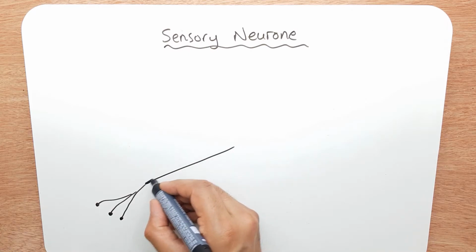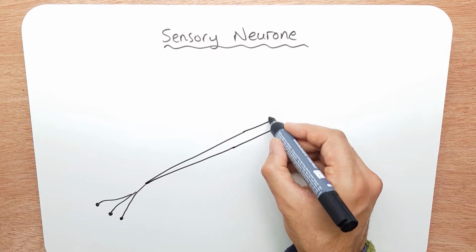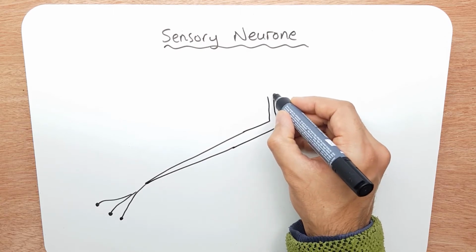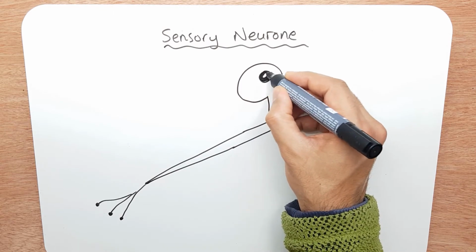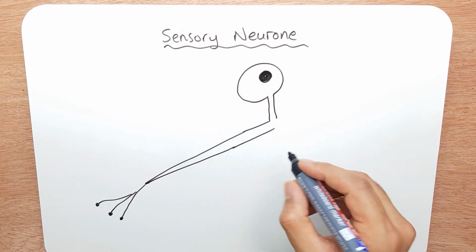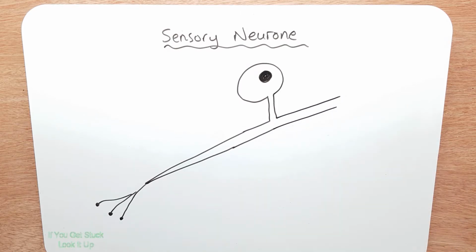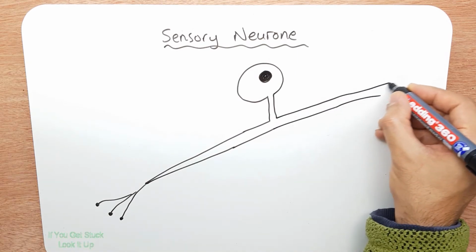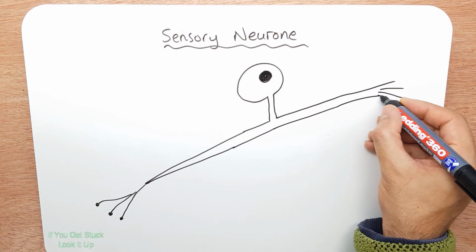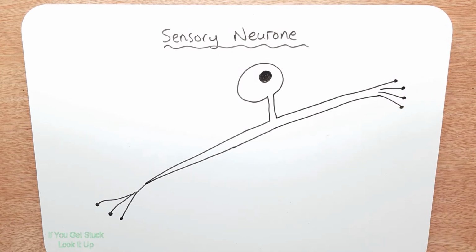Then you have the dendron up to the cell body, which contains the nucleus, and then from there it goes into the central nervous system, which is in the spine, and then forms some more junctions with the other cells, the other neurons.